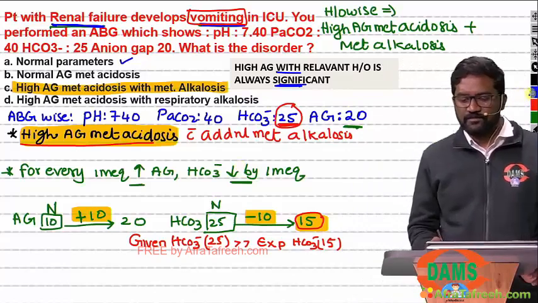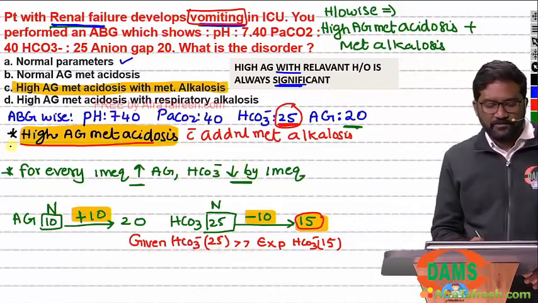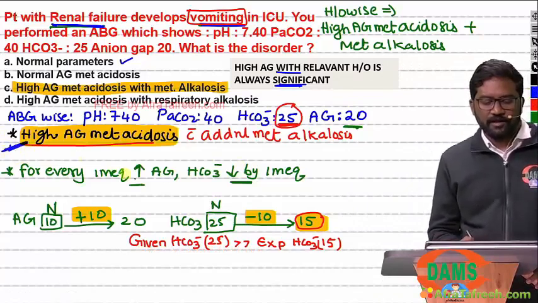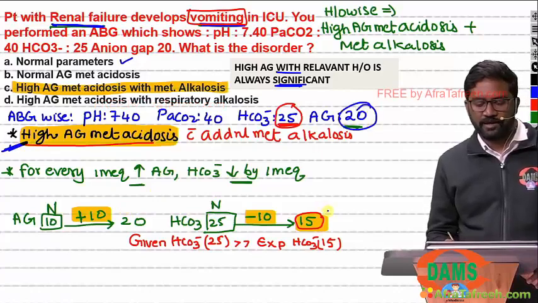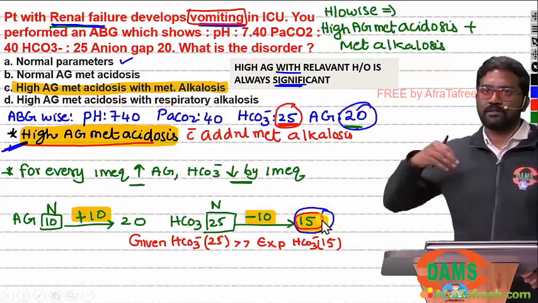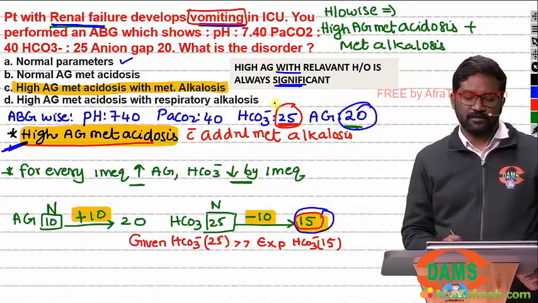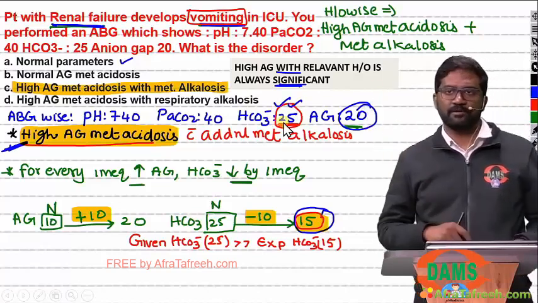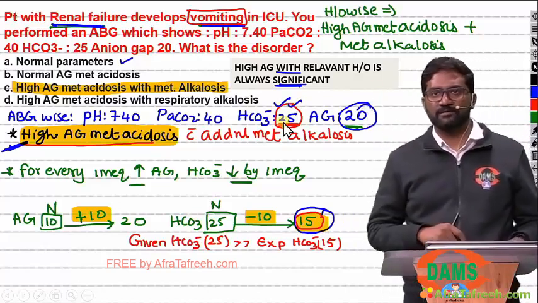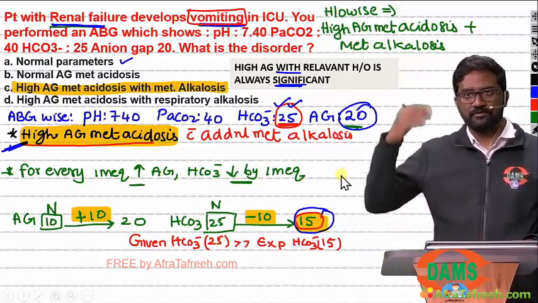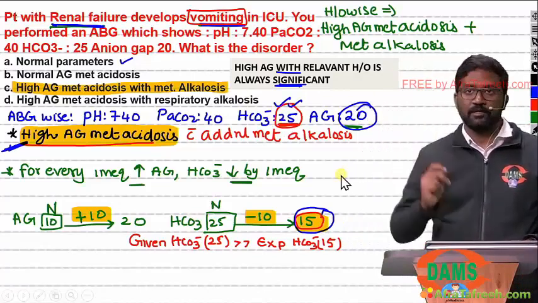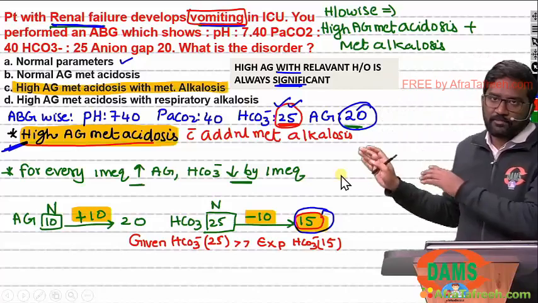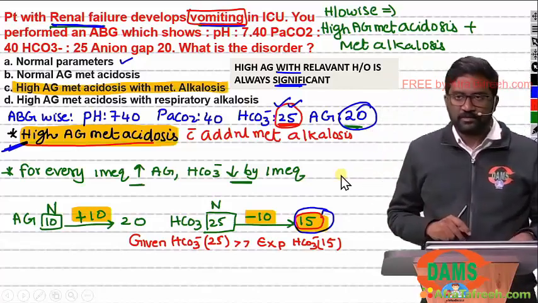So once again the basic concept here, if it was an isolated single high anion gap metabolic acidosis, when anion gap has increased to 20, bicarbonate should have stayed at 15. But it has come back to 25 in the patient's body. So it means something has added extra bicarbonate. Anything that adds extra bicarbonate is additional metabolic alkalosis. You can correlate with history also. So even if you get any complex question, if you follow the algorithm, you will get the answer.